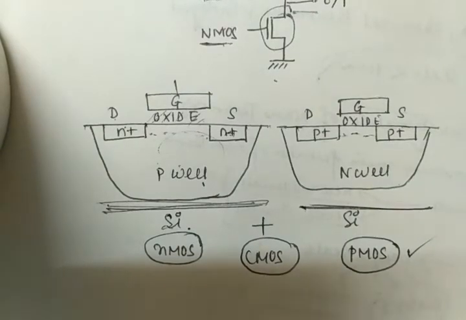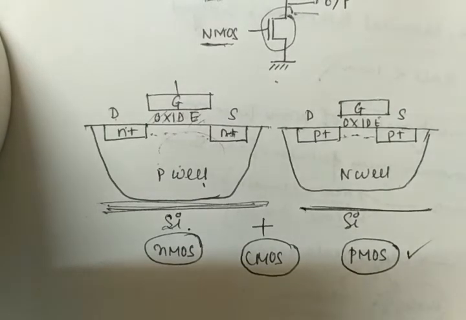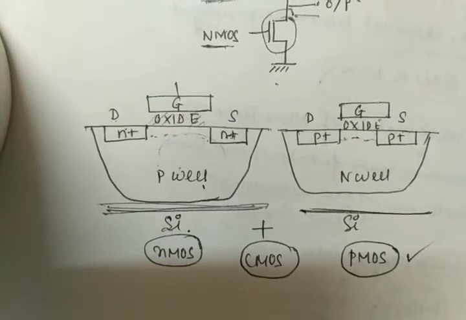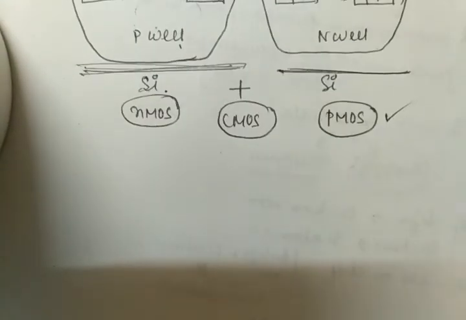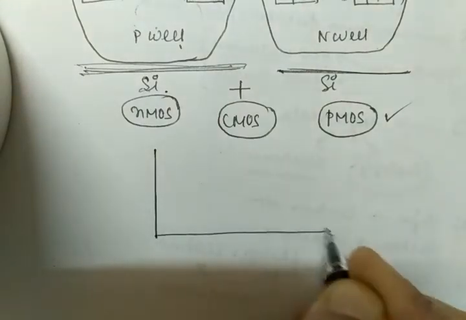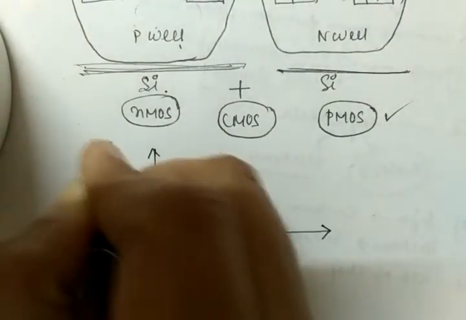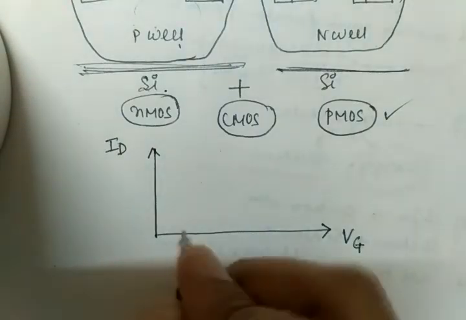But if we see the drain current and the gate voltage, because the gate terminal is your controlling terminal, then we look at the characteristic nature, that is ID, the drain current, versus VG, the gate voltage. How will it look?